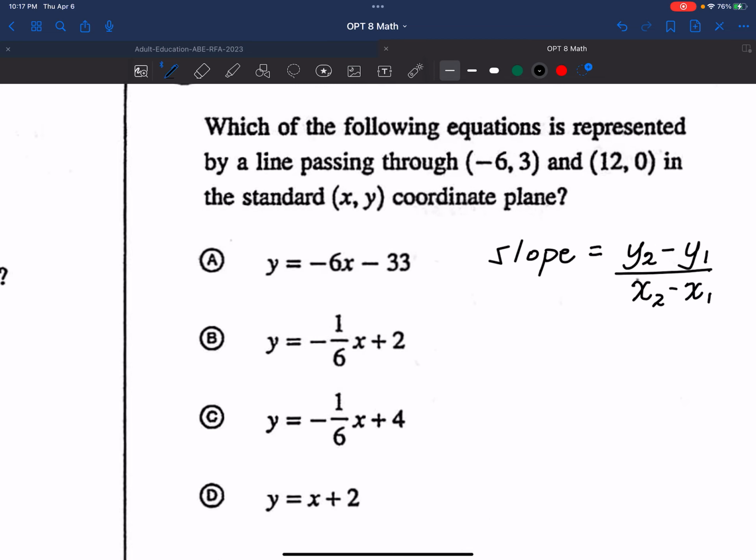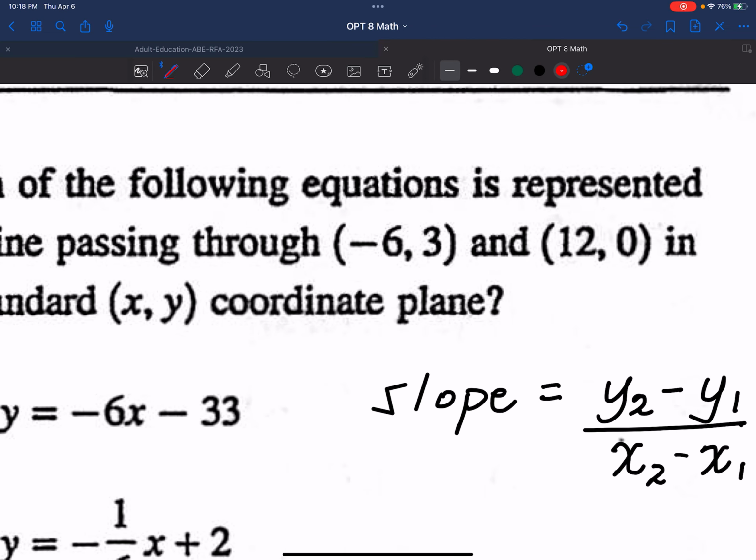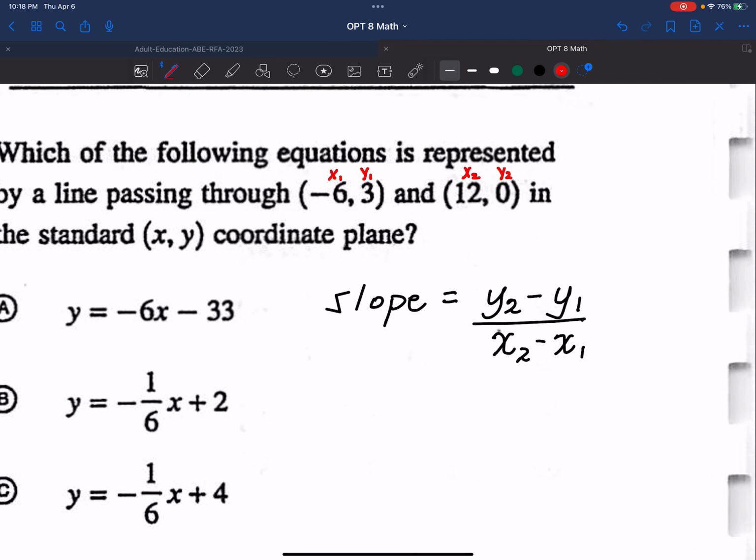So I'm going to use these points that they gave me. I'm going to let this one be point 1, so x1 and y1. And then x2 and y2 will be that second point. And then I'm very carefully going to substitute this in.